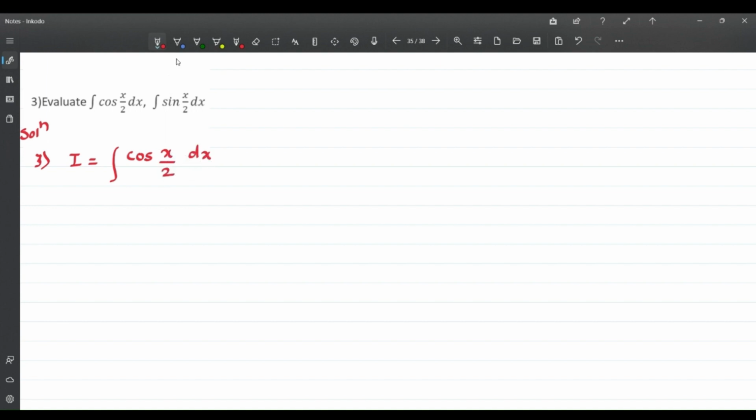Here the first function is cos x by 2, and the second function inside that is x by 2, because the coefficient of x is 1 by 2. Therefore, it is not a standard function. A standard function means the coefficient of x is only 1.